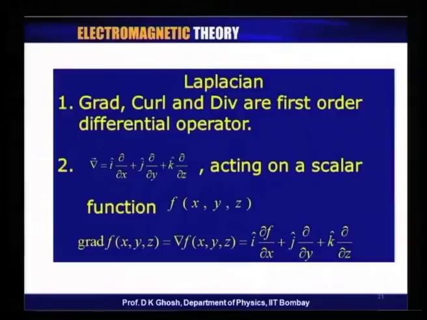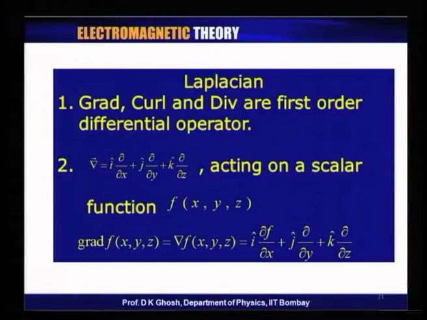But notice that the differentiations involved in these processes were all first order differential operators. Del operator is an operator which in Cartesian coordinates is written as i partial d by dx plus j partial d by dy plus k partial d by dz.